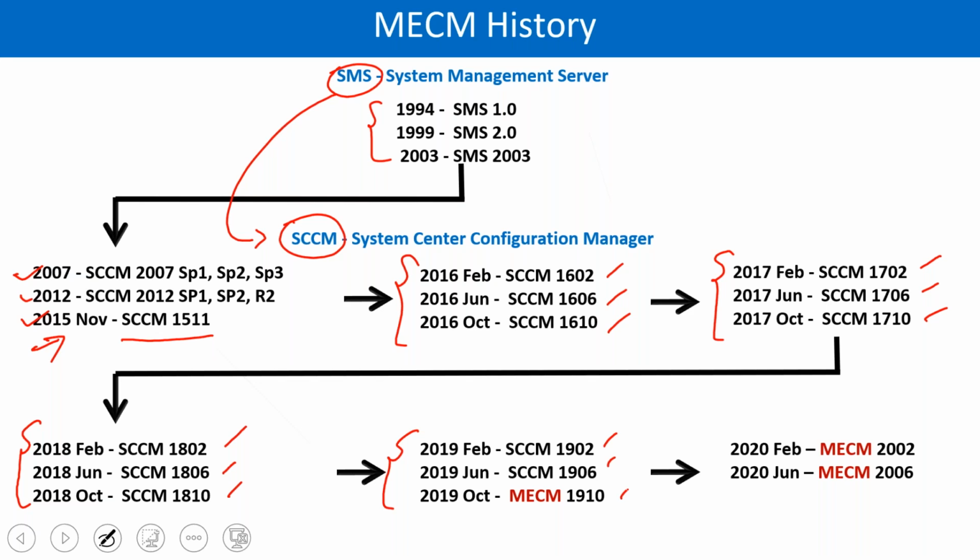But from October 2019, they changed the name again from SCCM to which one? MECM, Microsoft Endpoint Configuration Manager, guys. This is the new name. It is no longer SCCM, it is now MECM. They changed that in October 2019.